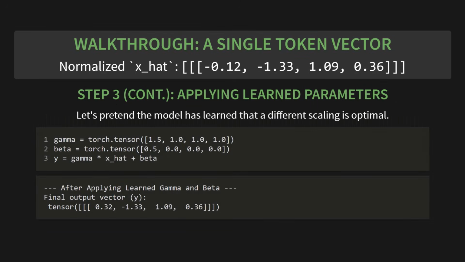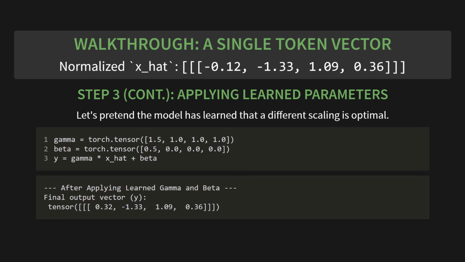But let's pretend the model has been training for a while, and it has learned that a different scaling is optimal for the next layer. Maybe it's learned that gamma should be 1.5, 1, 1, and 1, and beta should be 0.5, 0, 0, and 0. Now we apply this to our nice, stable, normalized vector. y equals gamma times x hat plus beta.